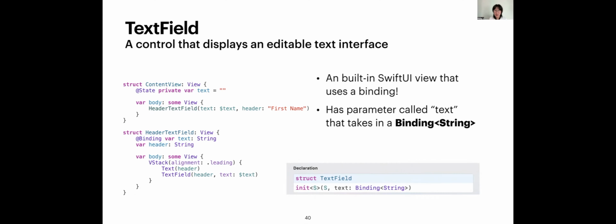When the user types, TextField writes back through the binding chain all the way up to ContentView's text variable. The data flows down through bindings and writes flow back up. So this pattern of @State in the parent and @Binding in the child is fundamental to SwiftUI.